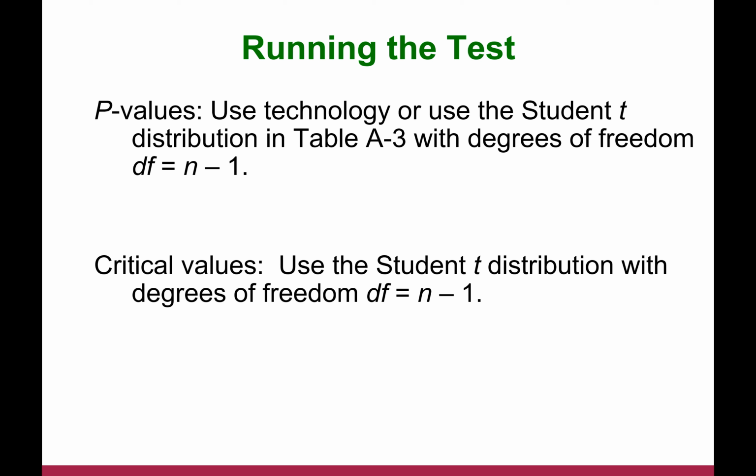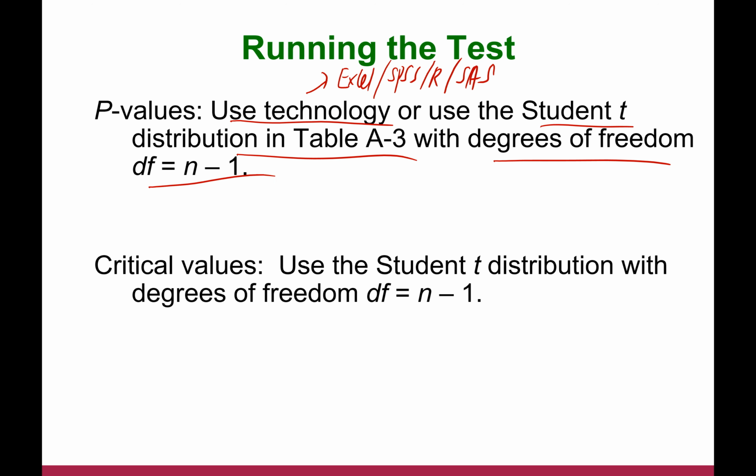For p-values, we use technology, either Excel or any software, SPSS, R, SAS, any one of these works. We use the Student t-distribution in table A3 with degrees of freedom n-1. We also have a critical value method using the Student t-distribution with degrees of freedom equal to n-1 together with alpha.